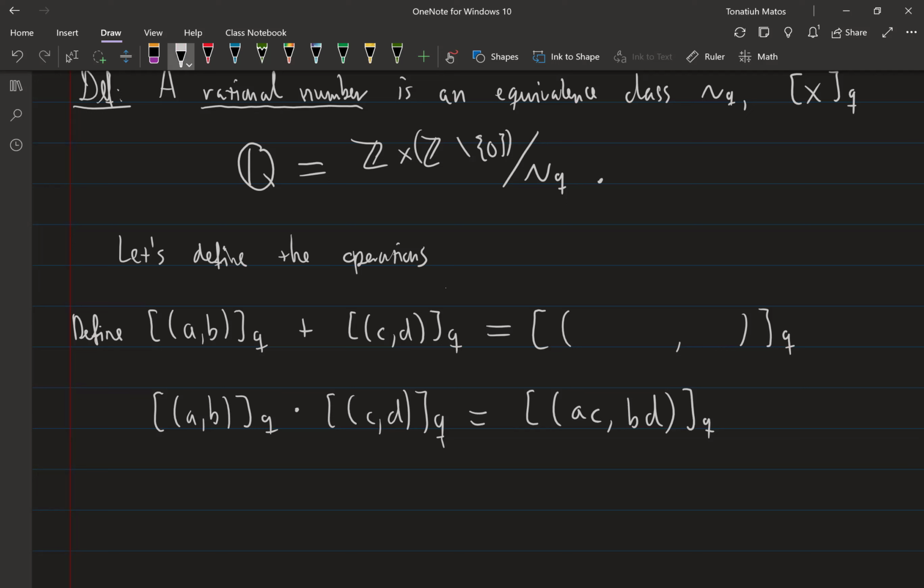Indeed, this is just the rule that you learned a long time ago: ad plus bc over bd, and you take a common denominator, right? That's not the only way of defining it. Of course, this will be equivalent to a bunch of different things. Right, so that's how we define those two things.